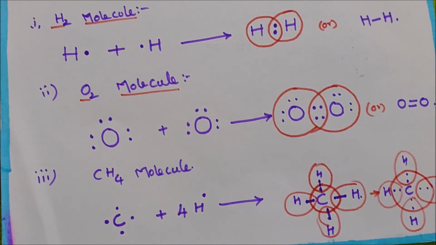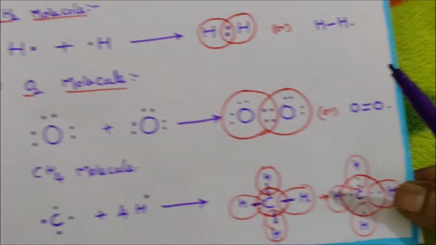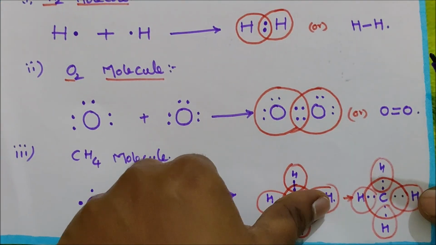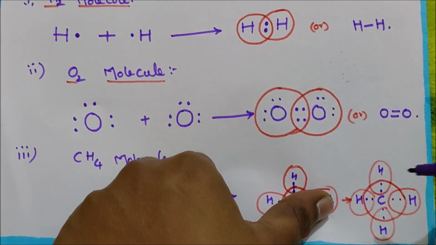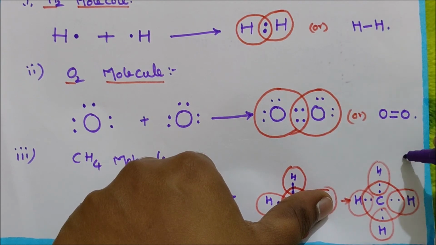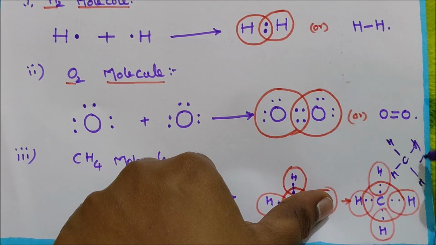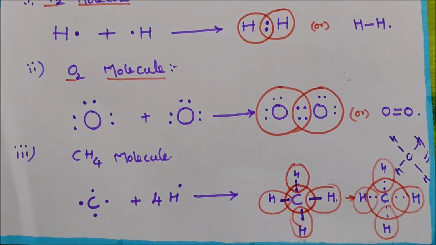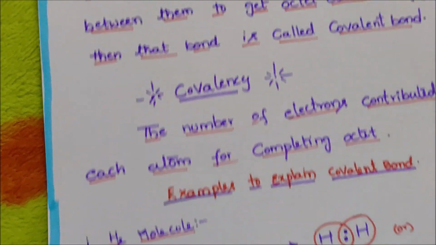Each of the 4 hydrogens shares its 1 electron to form 4 bonds like this. This is the methane molecule structure.